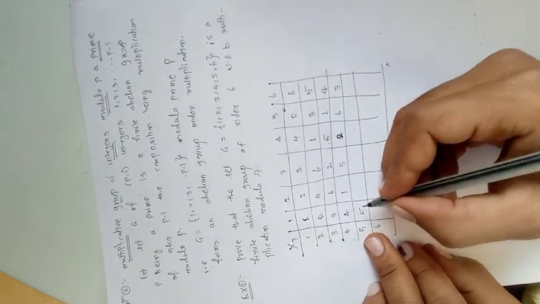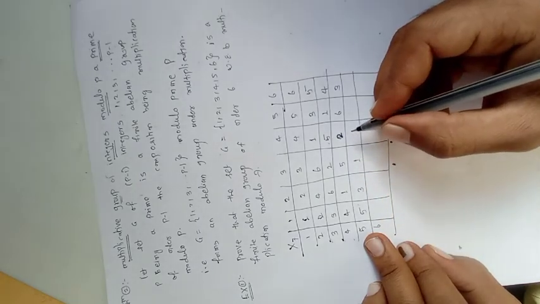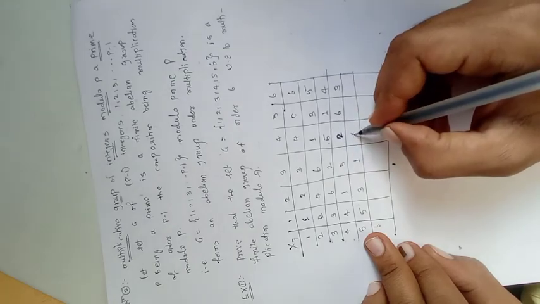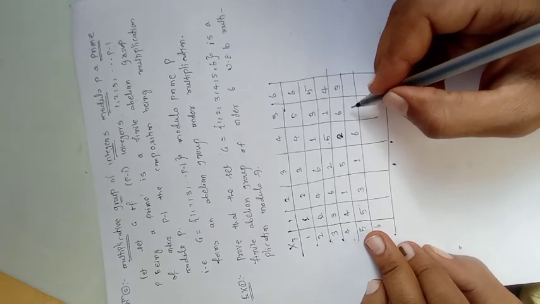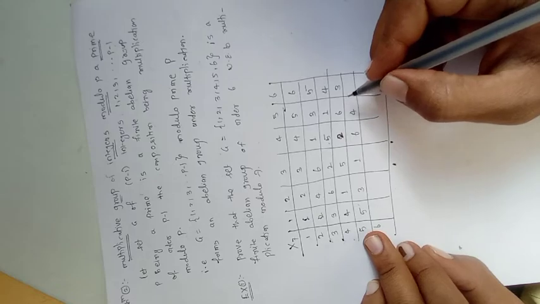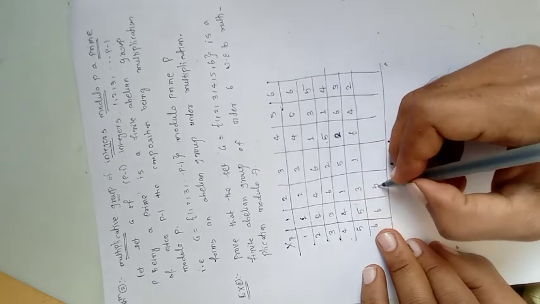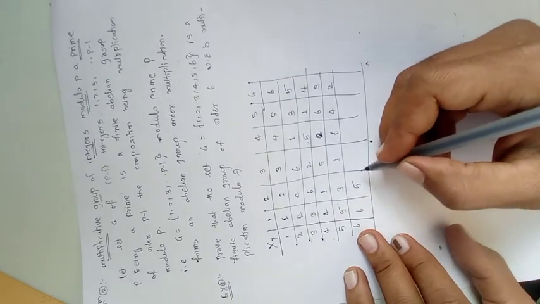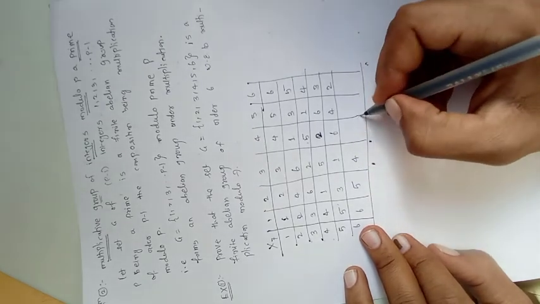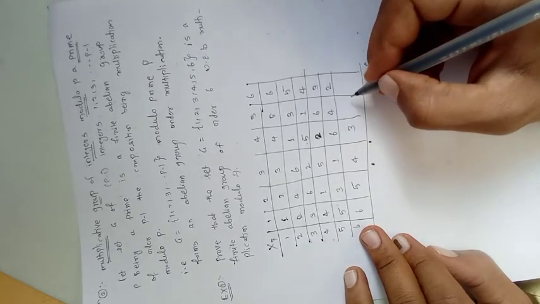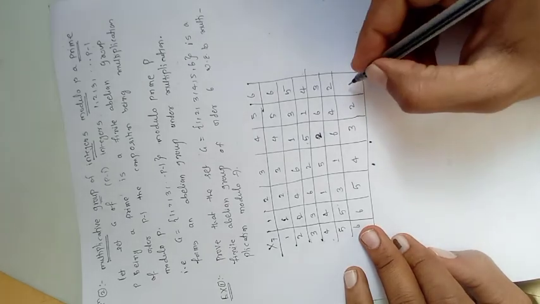Now 5 into 1 is 5, 5 into 2 is 10, 10 means 3, 5 into 3 is 15, 15 means 1, 5 into 4 is 20, 20 means 6, 5 into 5 is 25, 25 modulo 7 is 4, and 5 into 6 is 30, 30 means 2. 6 into 1 is 6, 6 into 2 is 12, 12 means 5, 6 into 3 is 18, 18 means 4, 6 into 4 is 24, 24 means 3, 6 into 5 is 30, 30 means 2, and 6 into 6 is 36, which is equal to 1.